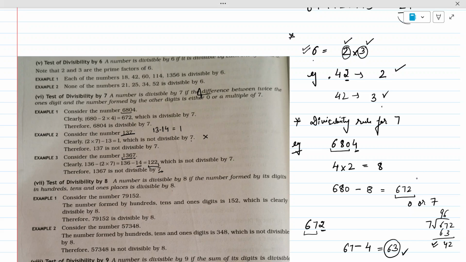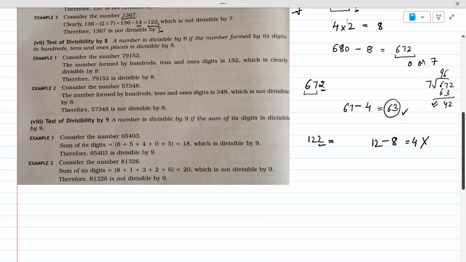Otherwise, it is not divisible by 7. Okay, this is done. Next we'll take 9. For 9, the rule is the same as that of 3. If the sum of the digits is divisible by 9, then the whole number is divisible by 9.